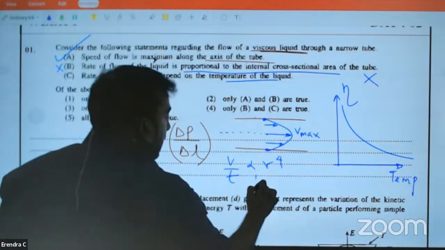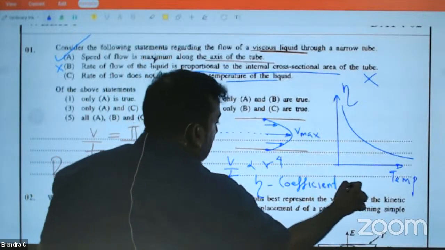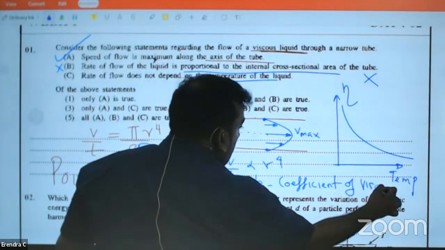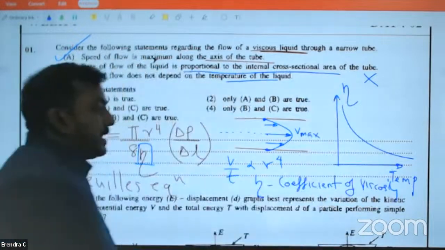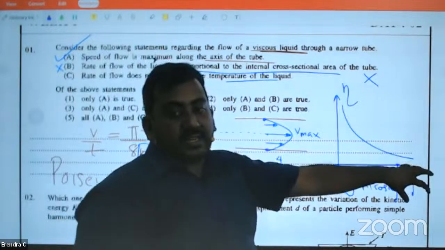What is eta? Eta is called the coefficient of viscosity. Clear, no? The coefficient of viscosity depends on temperature.